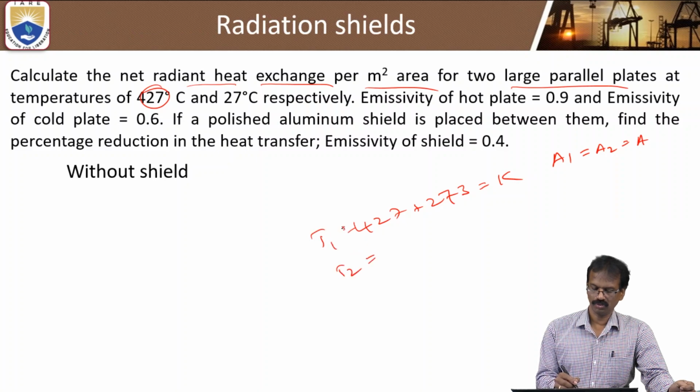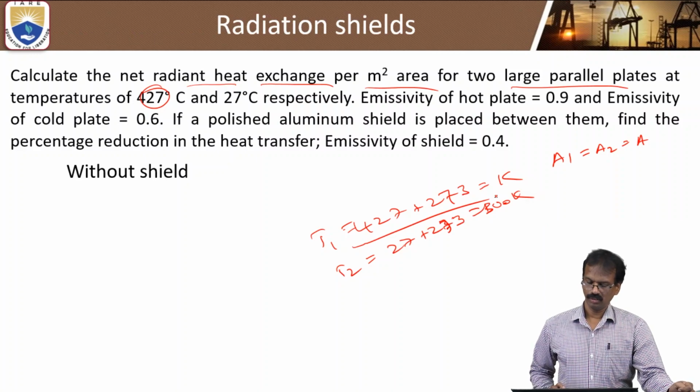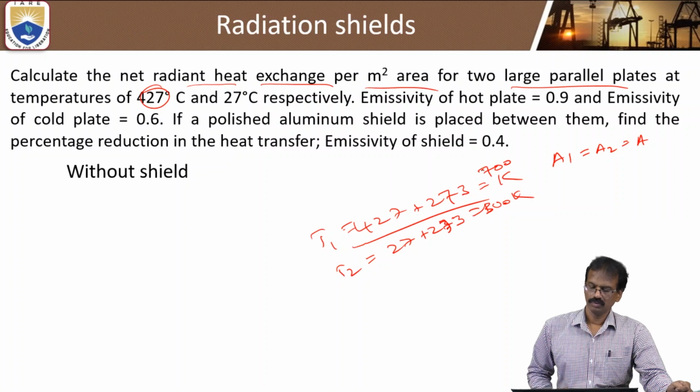Similarly T2 is equal to 27 plus 273, that is 300 kelvins. So these are the temperatures.